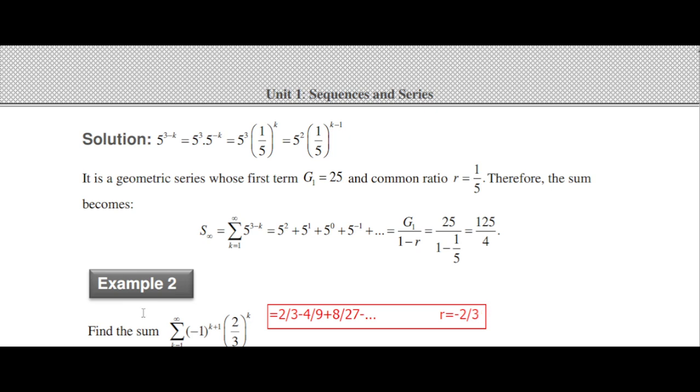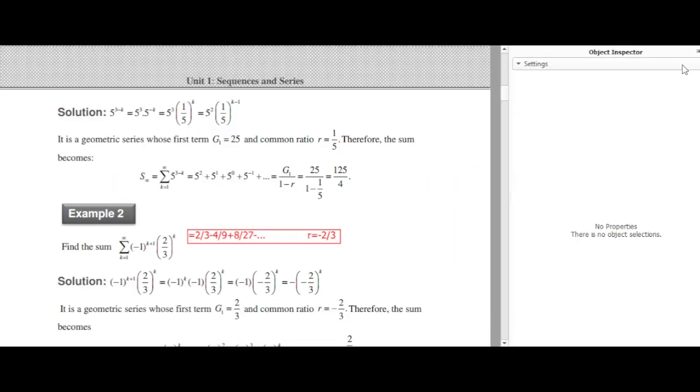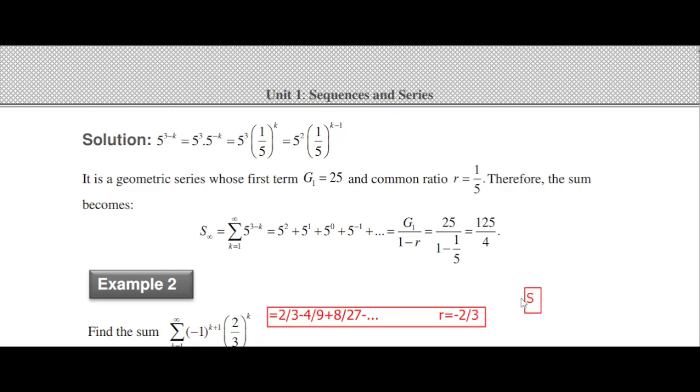Let's compute the sum for this. That means S infinity is equal to the first term 2 over 3 over, in brackets, 1 minus minus 2 over 3, which is 1 plus 2 over 3, 3 plus 2 is 5, 5 over 3.